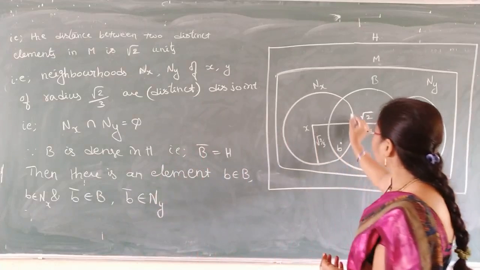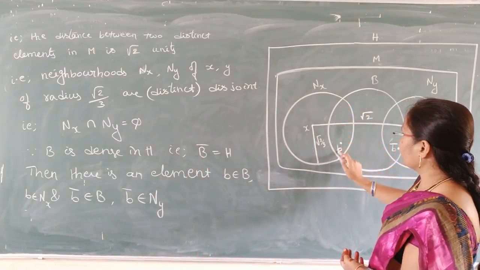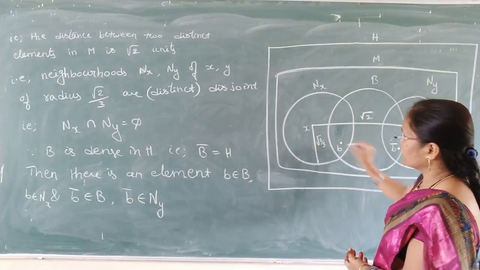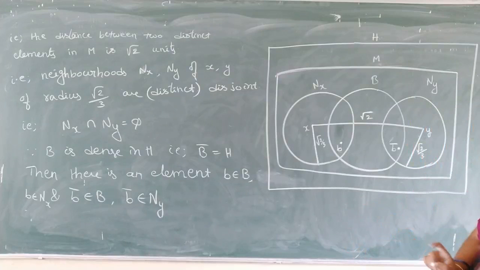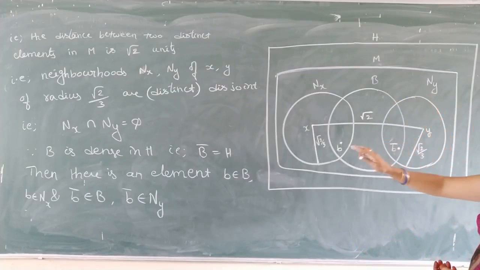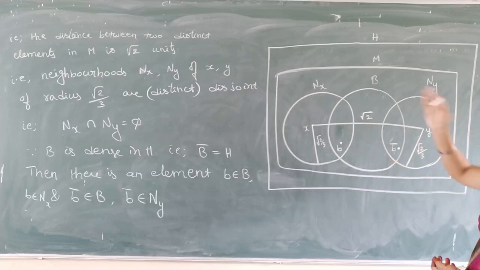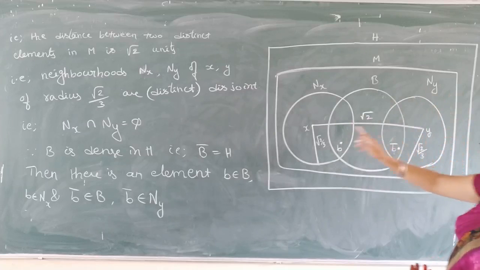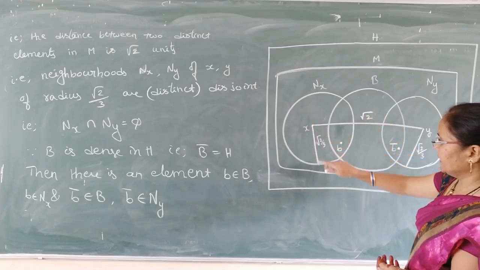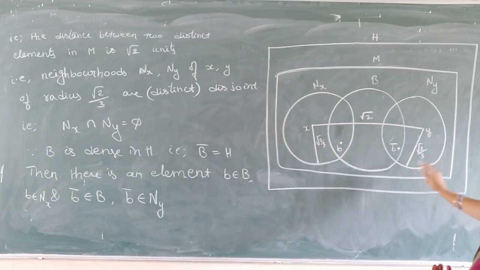That's why we wrote that b is the common point of capital B and Nx, so in this box. And b bar is the common element of B and Ny, so b bar is here. x and y are only in Nx and Ny. So the distance of these two elements is root 2 units. Radius is root 2 by 3. This diagram is only for understanding purpose.